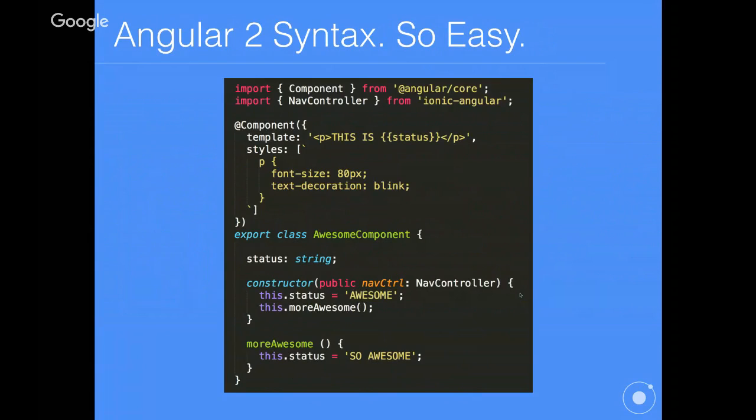The next part is the component decorator. TypeScript introduces this concept of decorators, which allow us to specify metadata about the component that, in this case, the Angular compiler can use to know what it's actually trying to compile. Inside of the metadata for the component we're specifying an HTML template as well as some CSS styles.